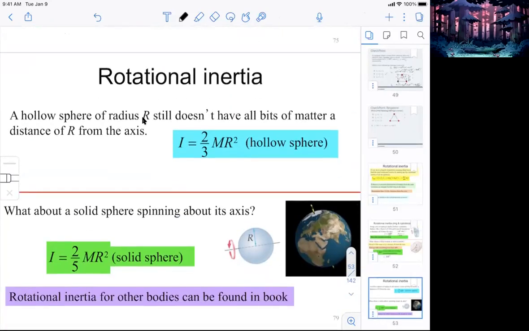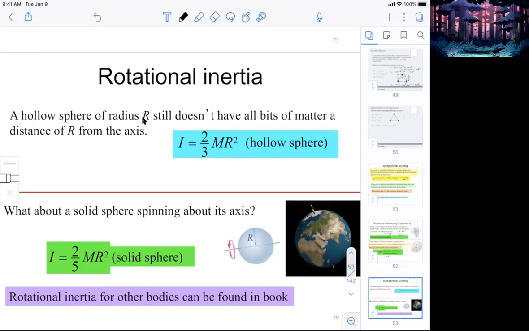The rotational inertia for a hollow sphere is 2/3 of M r squared. The rotational inertia for a solid sphere is even smaller than a hollow sphere for exactly the same reason.